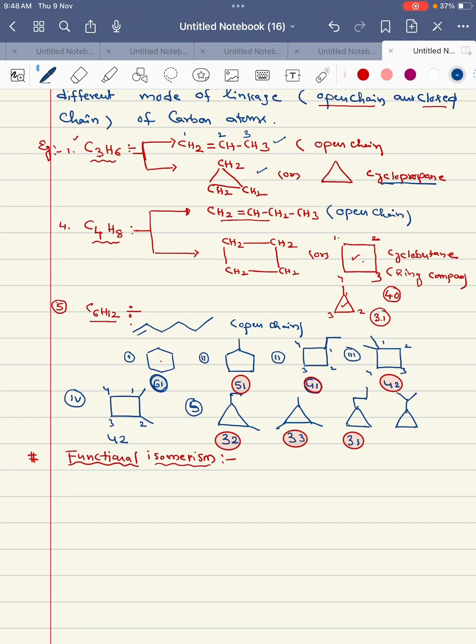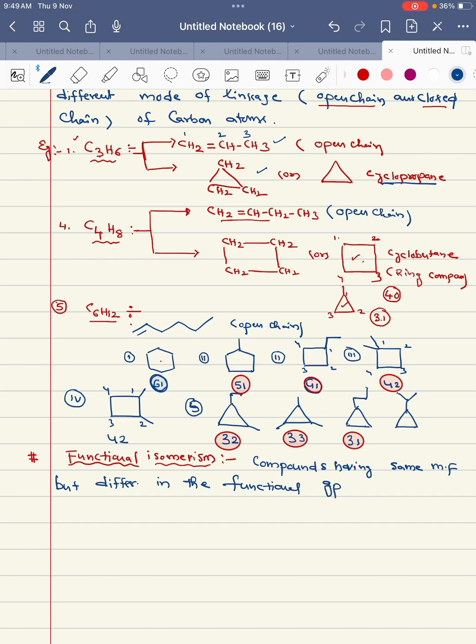As usual, we'll write the definition. Compounds having the same molecular formula. I will write MF, students; MF means molecular formula. But they differ in the functional group.